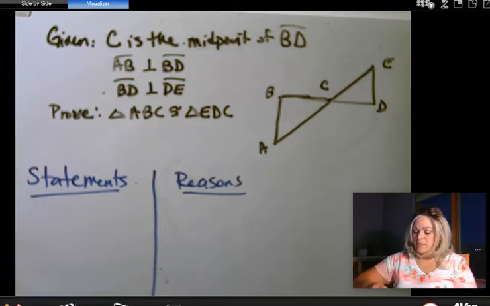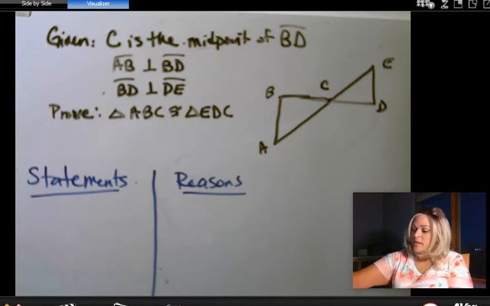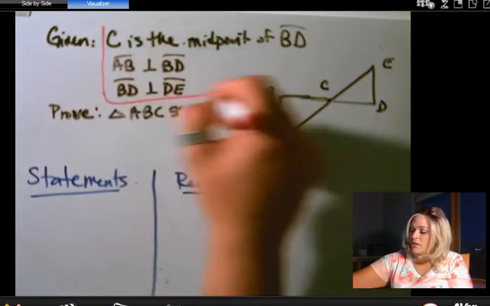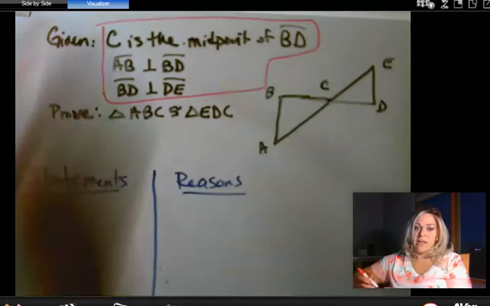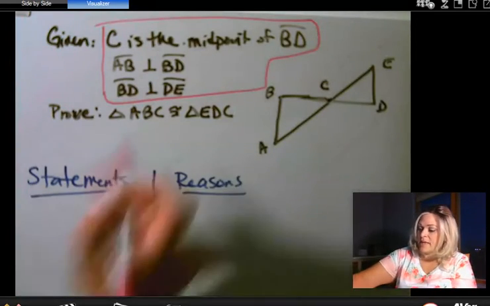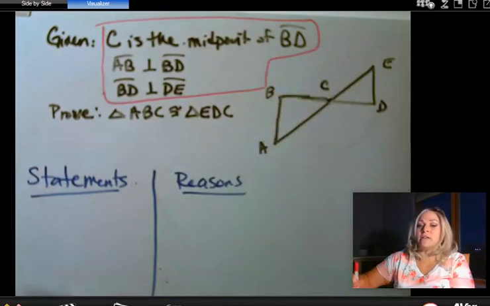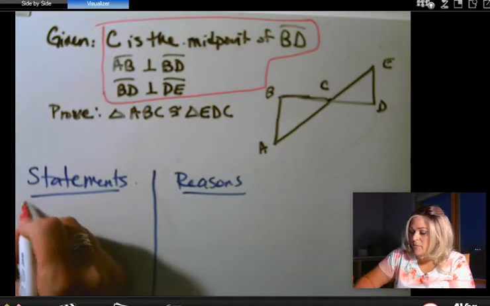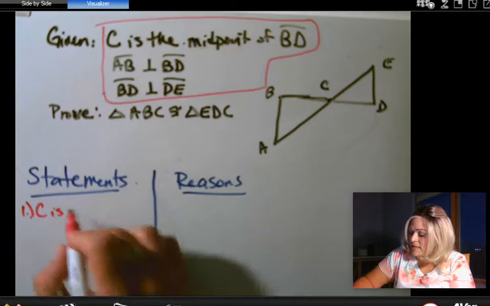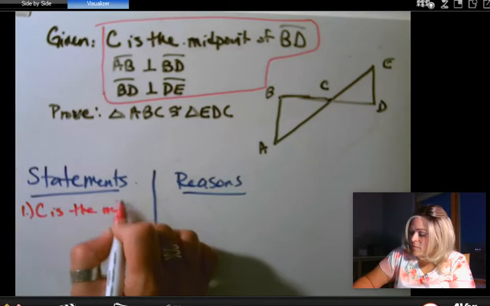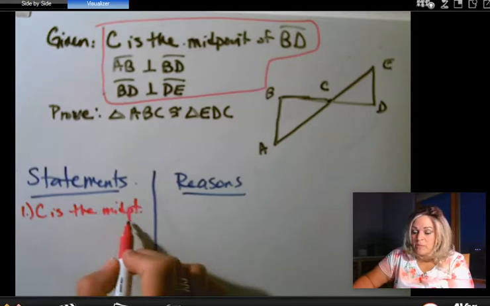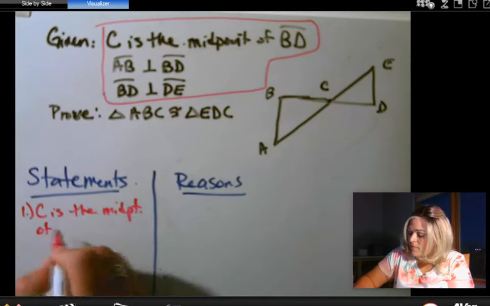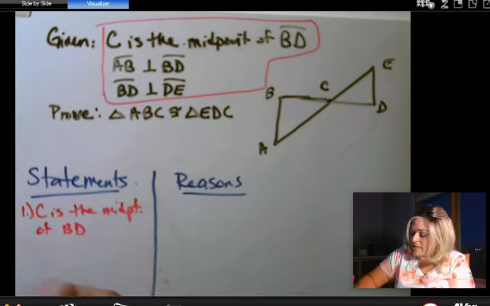Okay, so let's look at the statements. I start every proof by writing down all the given, every single part of it. So again, I recommend highlighting it or boxing it or circling it so you don't forget any part of it. So step 1, C is the midpoint of BD. I just wrote midpoint abbreviated.